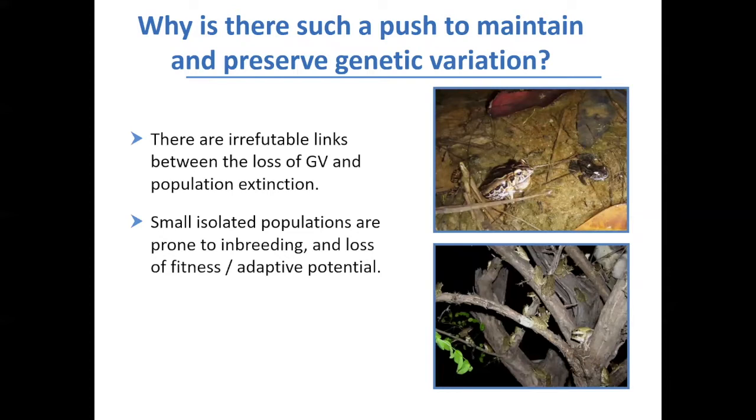The hard, fast answer is that loss of genetic variation represents a major threat to the persistence of populations, with irrefutable links between the loss of genetic variation and the extirpation of populations. When populations become smaller and genetically isolated, the inevitable outcome is that they will lose genetic diversity through genetic drift and directional selection.